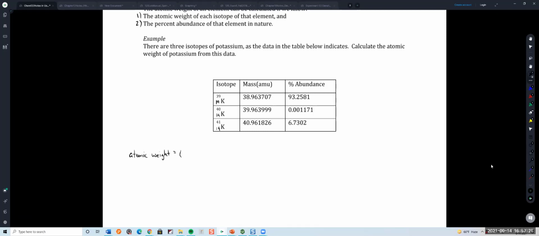So what is 93.2581 as a decimal? All you do is move the decimal 2 to the left, right?